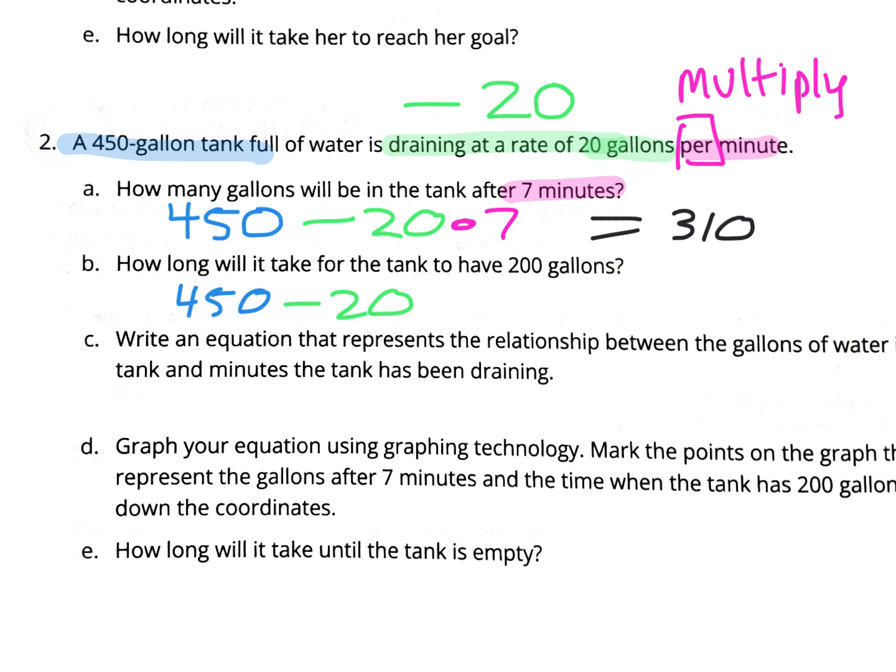So instead of using a number, I'm going to use X, and then I'm going to use Y. Okay, so how long, or I'm sorry, I'm going to use my X. So how long, what X value would make this equal to 200 gallons?